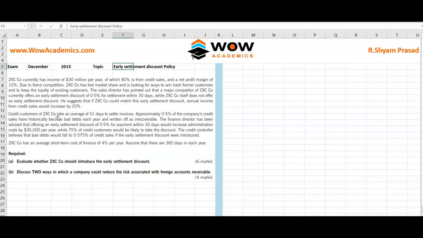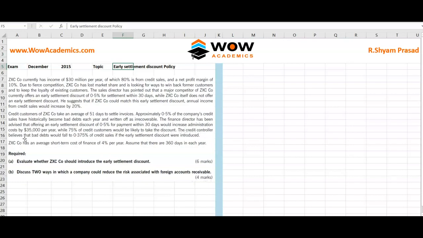Credit customers of ZCO take an average of 51 days to settle the invoices. Approximately 0.5% of the company's credit sales have historically become bad debts each year and written off as irrecoverable. The finance director has been advised that offering an early settlement discount of 0.5% for payment within 30 days would increase administration cost by 35,000, while 75% of the customers would be likely to take the discount.